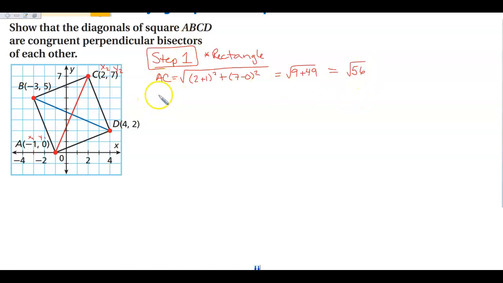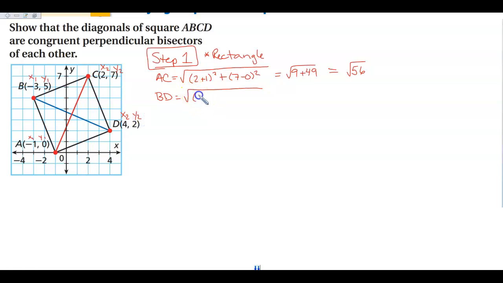Then we are going to do BD. I'm going to call this one x1, y1, this one x2, y2.